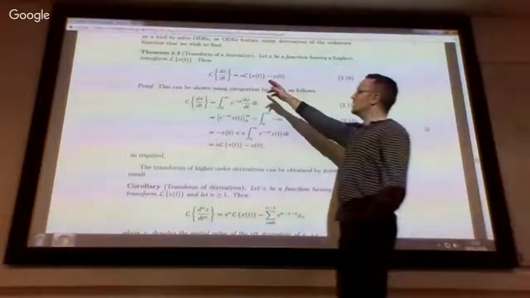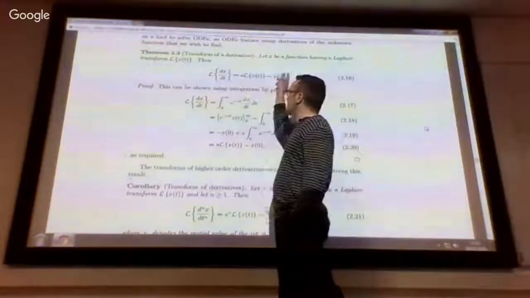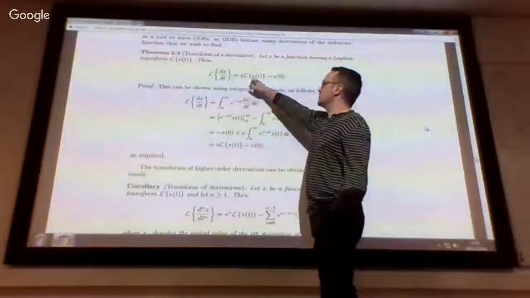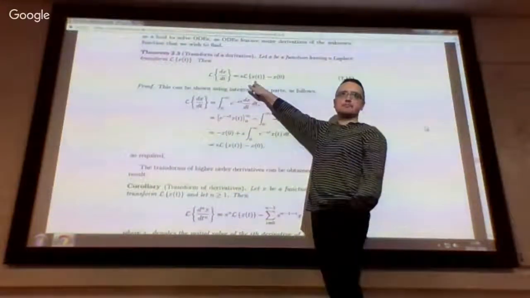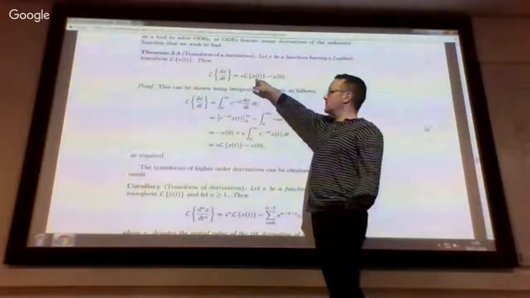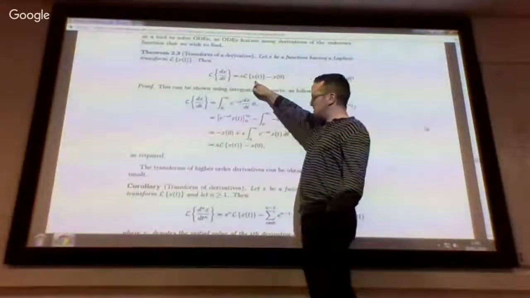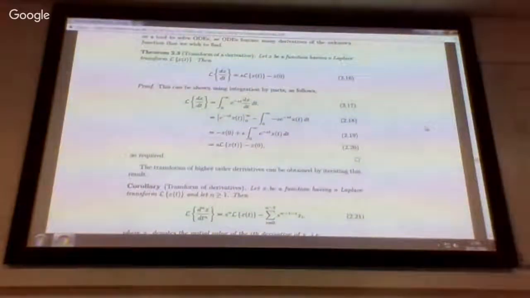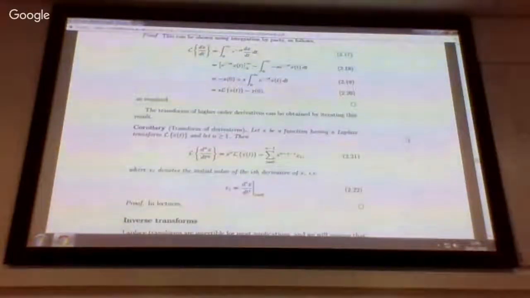But we do know this, that there's an exact, strong relationship between the transform of a derivative and the transform of the undifferentiated function. Okay? And there are versions of this. This can be extended to the higher order derivatives as well, to the second and third, and any derivative of x.